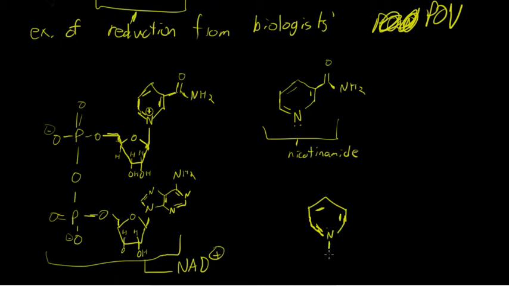And when you have the R group, this lone pair of electrons is not present. And that's why this has a positive charge, because nitrogen has a valence number of 5.